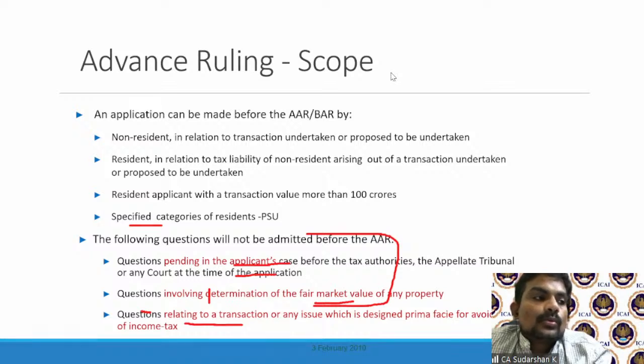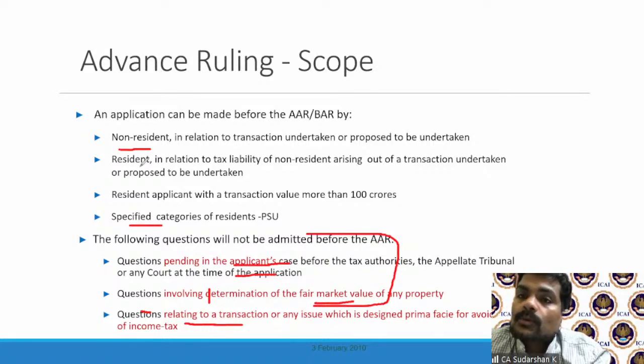Now, the provision was also very, very wide. The non-resident can apply. A resident can also apply if he is going to do a transaction with a non-resident, because he needs to withhold tax under 195. So even a resident can apply.